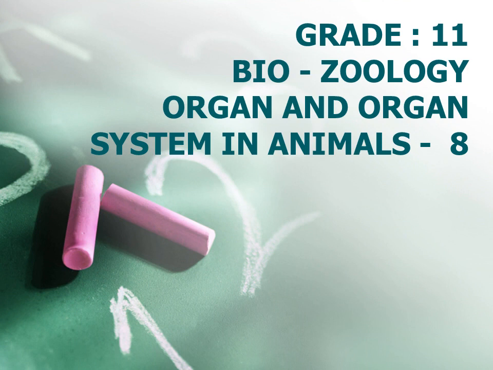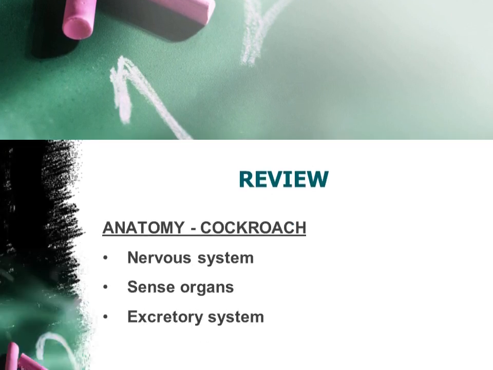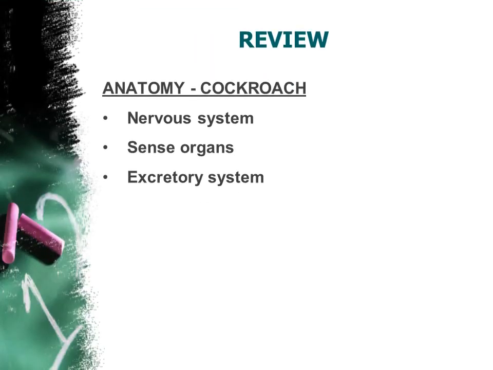So we are discussing chapter 4, organ and organ system in animals. In the previous sessions, we discussed one of the invertebrates, that is the cockroach, and especially we are learning about the anatomy of the cockroach.